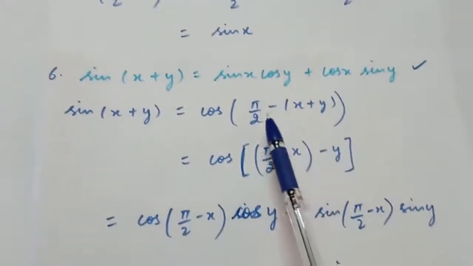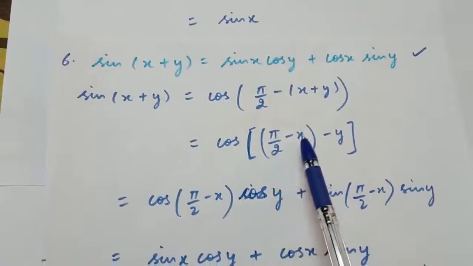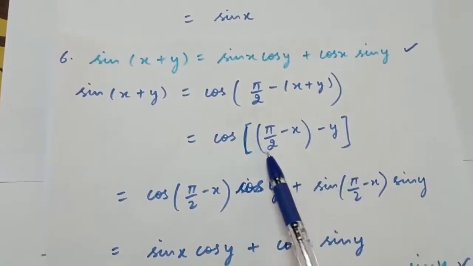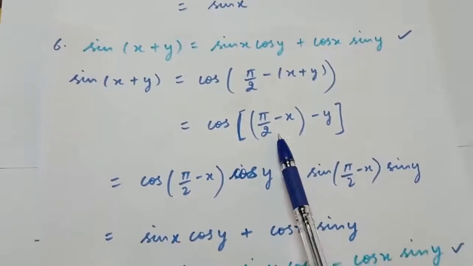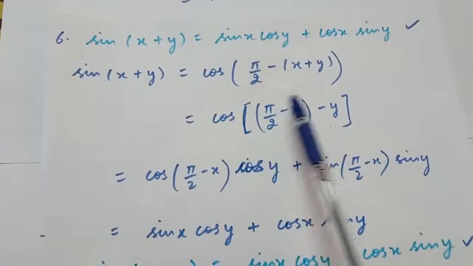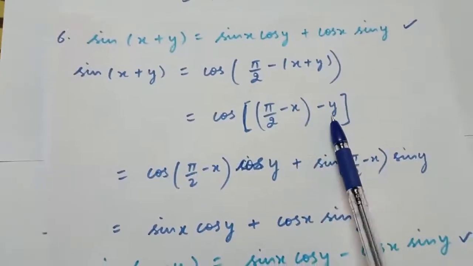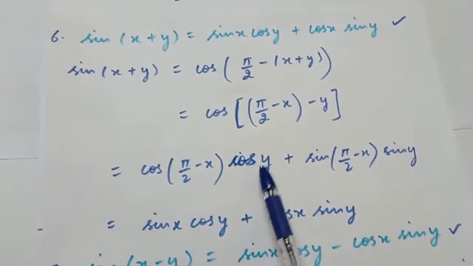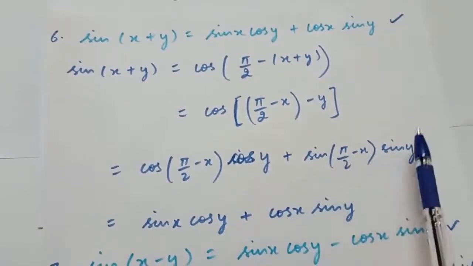Now cos pi by 2 minus x minus y, taking this pi by 2 minus x together, now applying the formula cos x minus y, which is cos x cos y plus sin x sin y.